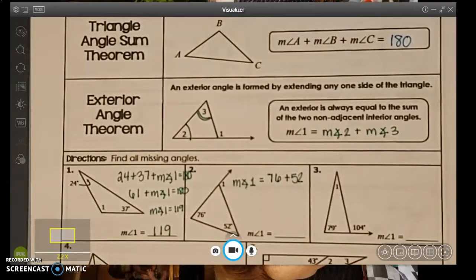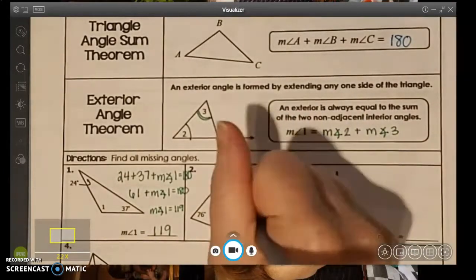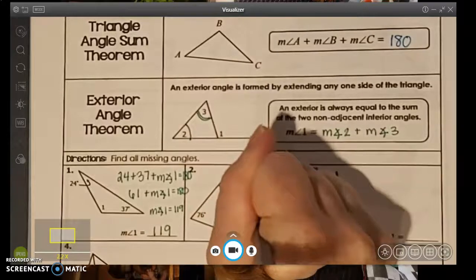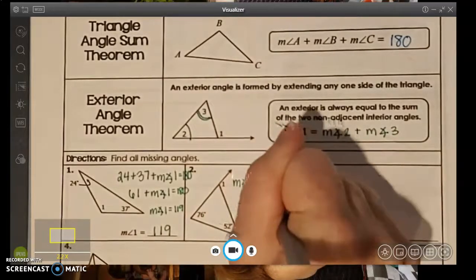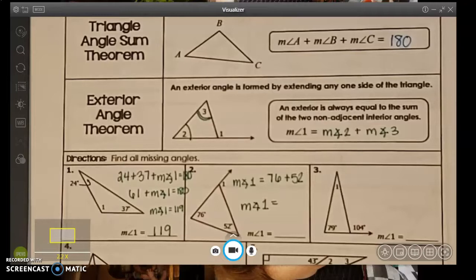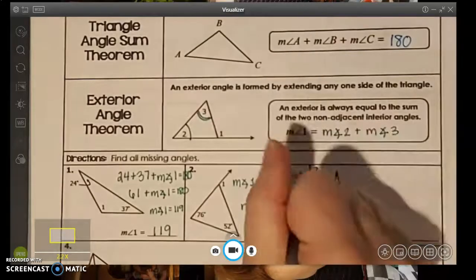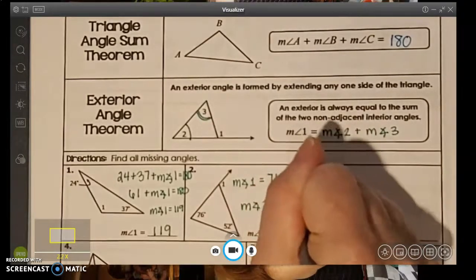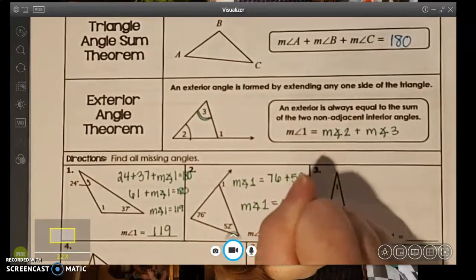So if we do 76 plus 52, our answer should be 128.